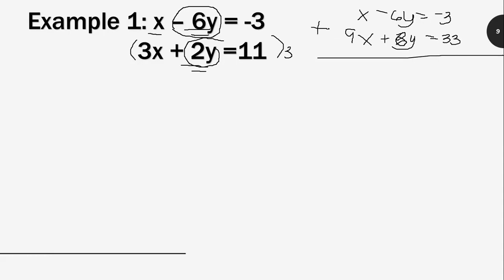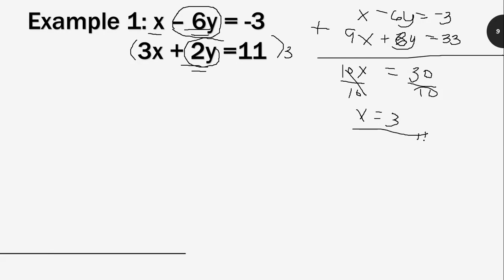Then proceed to addition. X plus 9x, we have 10x. Negative 6y plus 6y is 0, is equal to negative 3 plus 33, we have 30. And then divide both sides by 10. Then x is equal to 3.